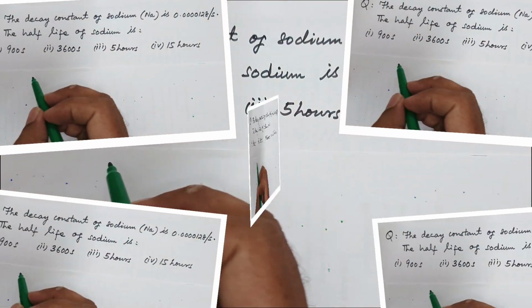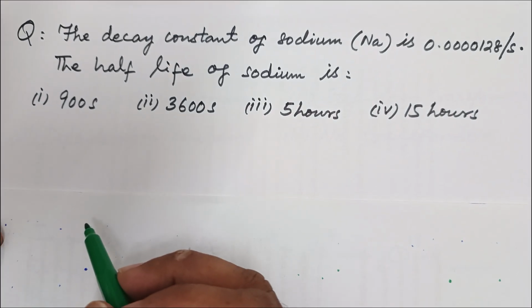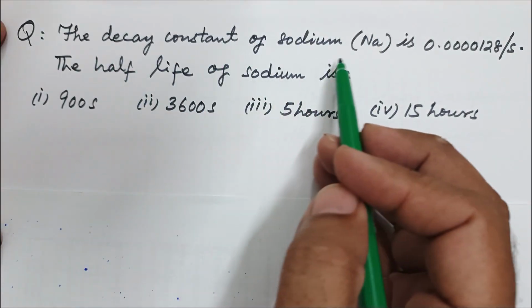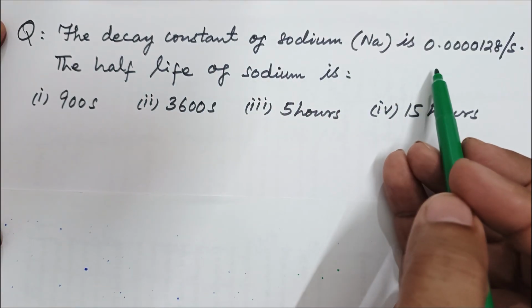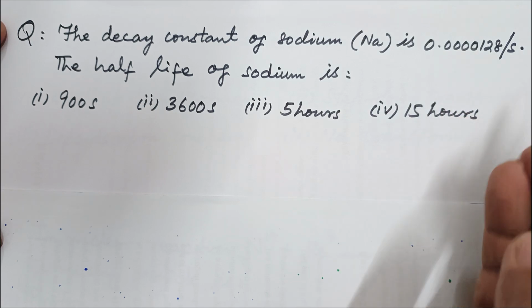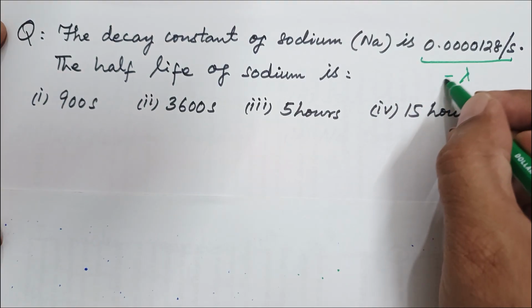Yes, this is an interesting question which we can solve without calculation. How? I can tell you right now. The decay constant of sodium Na is 0.0000128 per second. This is lambda.